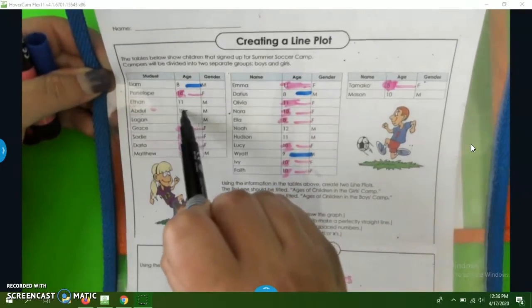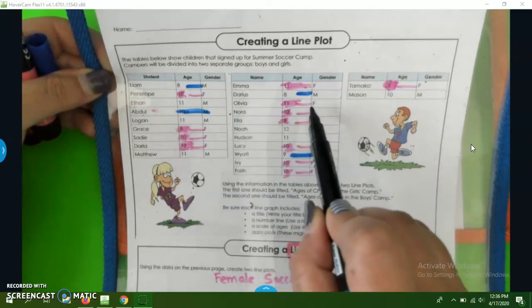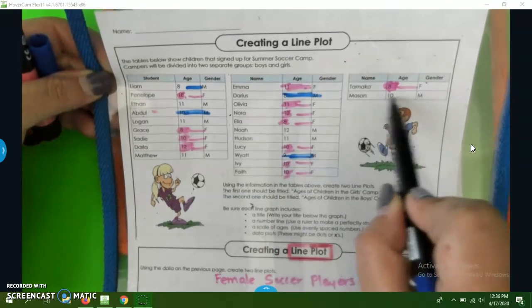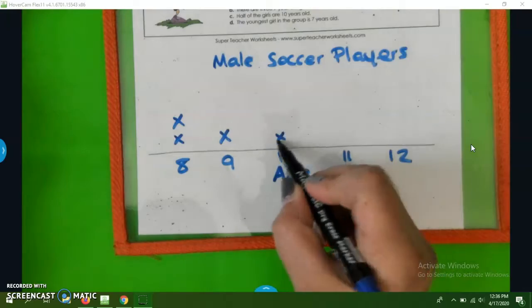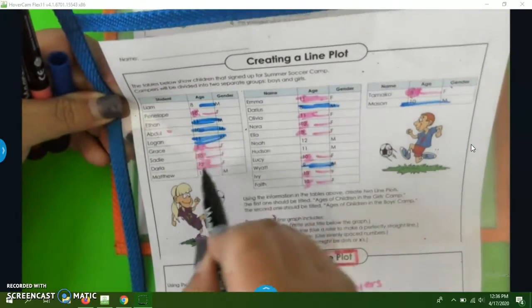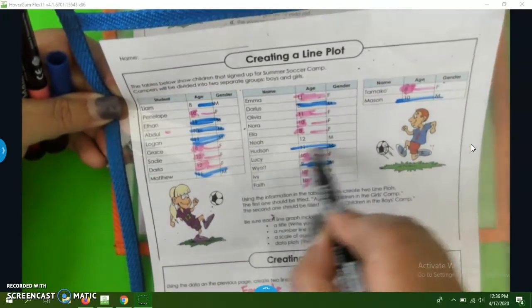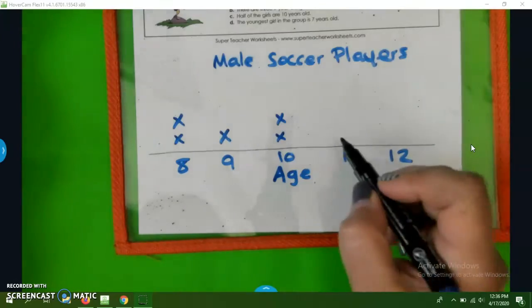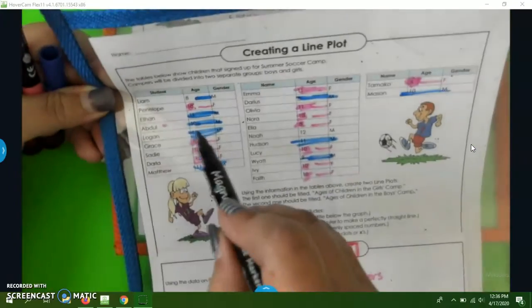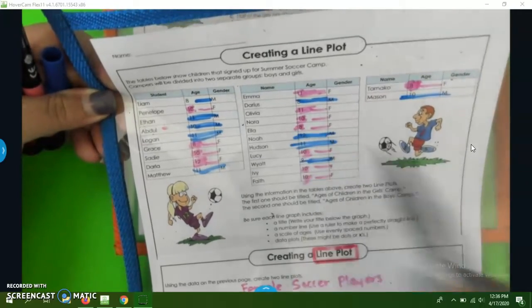So we're going to find 1. Already marked that one off. That's gone. 2 10-year-olds. 11-year-olds. 1, 2, 3, 4. 4 11-year-olds. And 1 12-year-old.